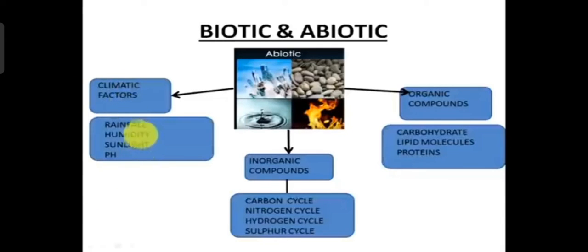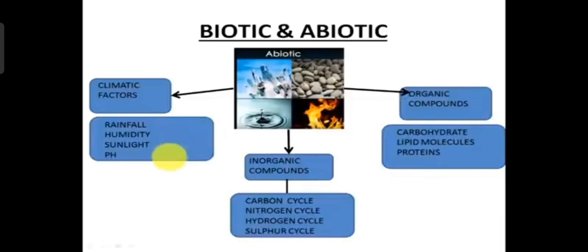Rainfall, humidity, sunlight, pH, temperature, all these are climatic factors. So the first is climatic factors, second is inorganic compounds, and third is organic compounds. So abiotic components can be divided into three categories, that is climatic factors, inorganic compounds and organic compounds.